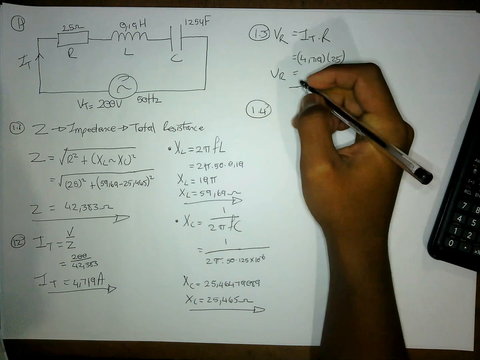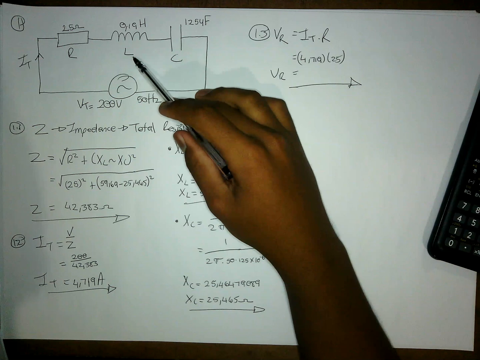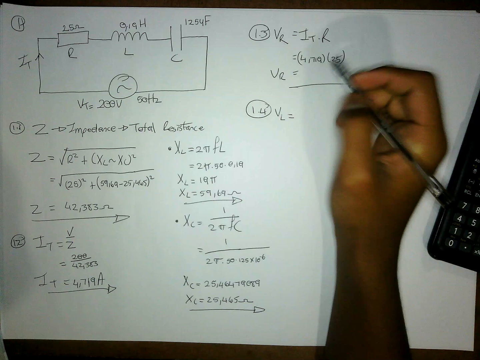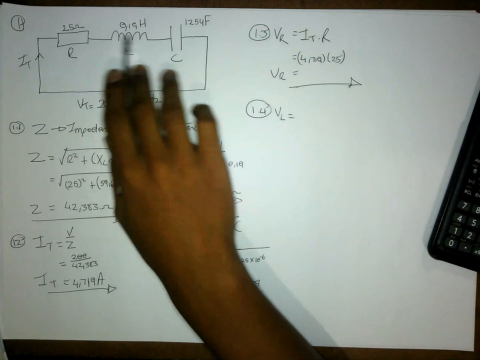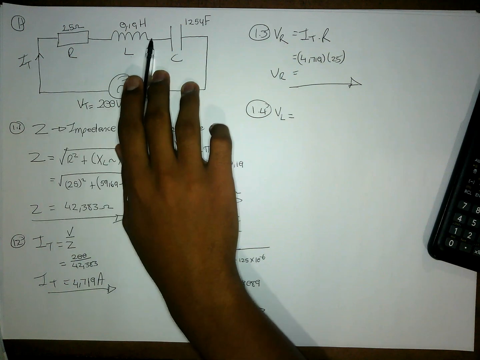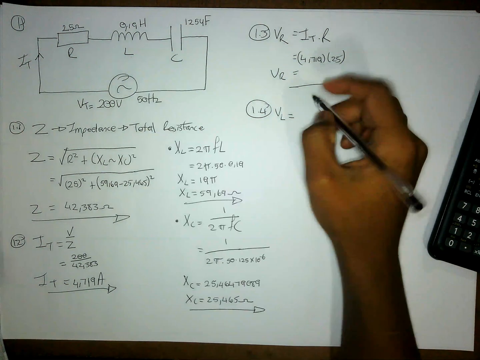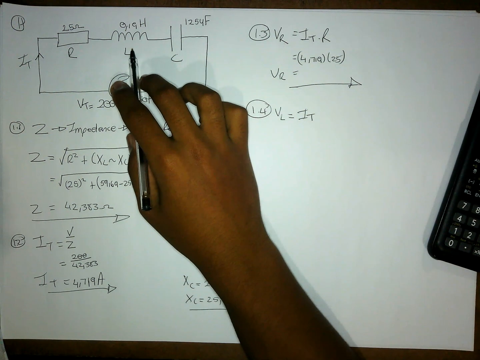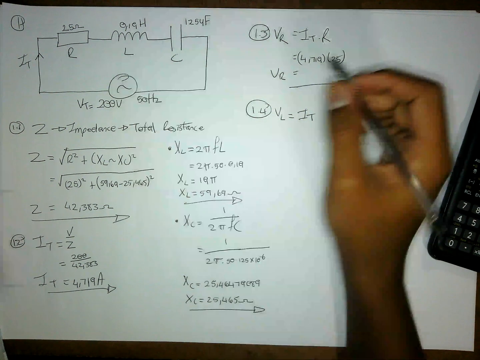Oh, 1.4. With the voltage drop across the inductor, we have VL equals, we need the current through this component, which is I total, because it's a series circuit, the same current. We need our I total times this component's resistance, which is XL.